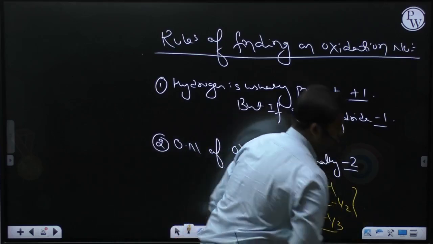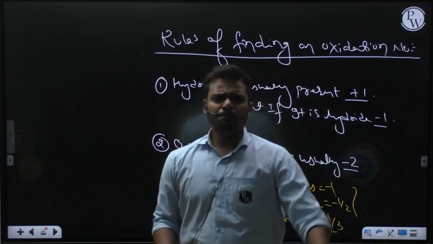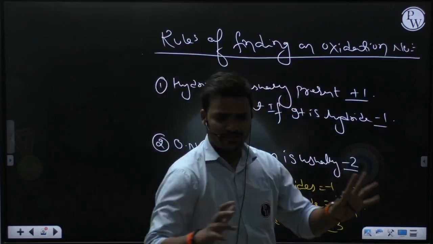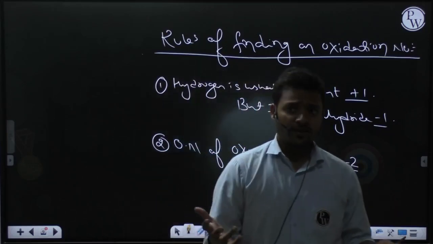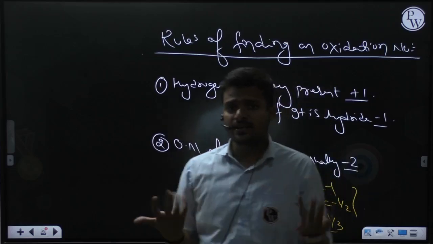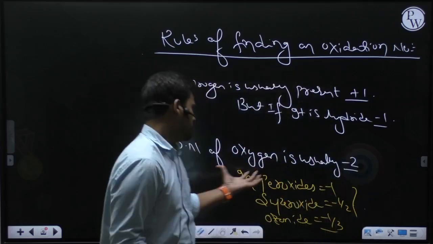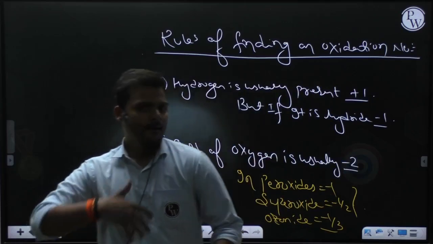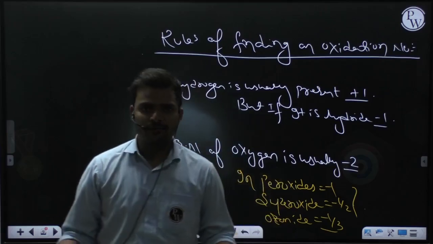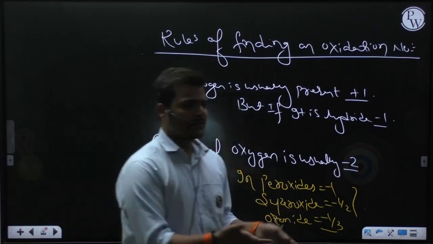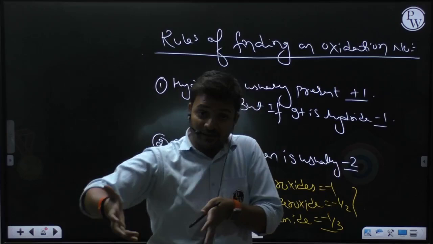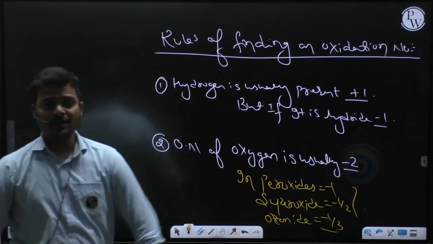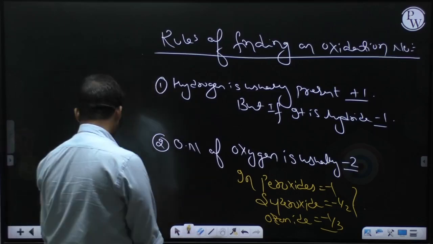I hope it's a very simple rule: if hydrogen is there, it will be present in the +1 oxidation state; in metal hydrides it will be -1. Similarly, oxygen is usually -2, but in peroxide form it will be -1, in superoxide form -1/2, and in ozonide form -1/3, and so on.